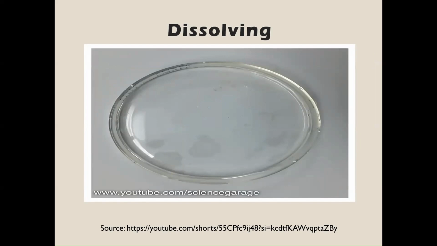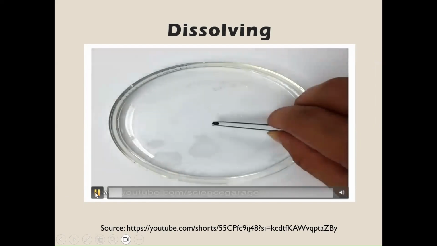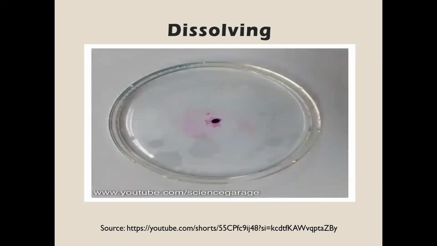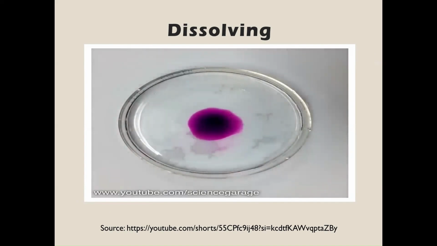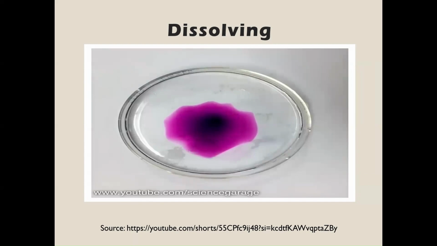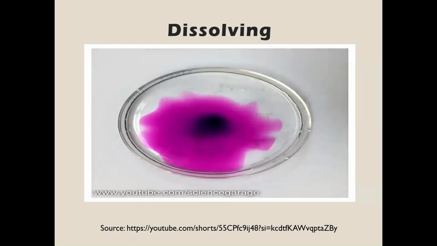So what is dissolving? Let's see what we have here. This is, as you can see, spreading from higher concentration in the middle to the lower concentration at the edges of the container.